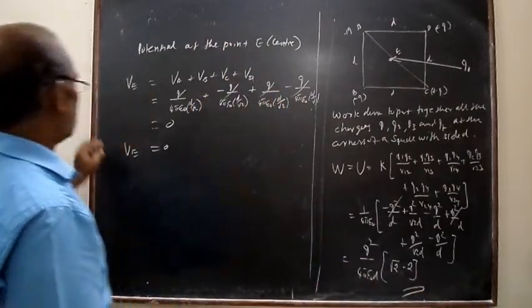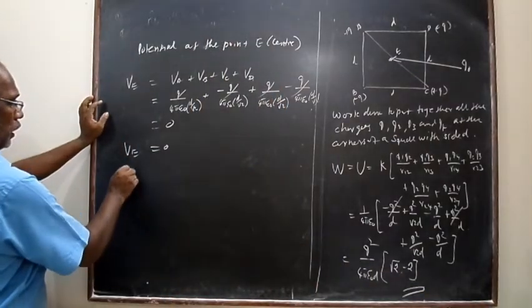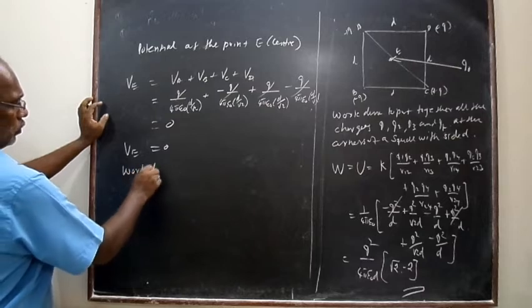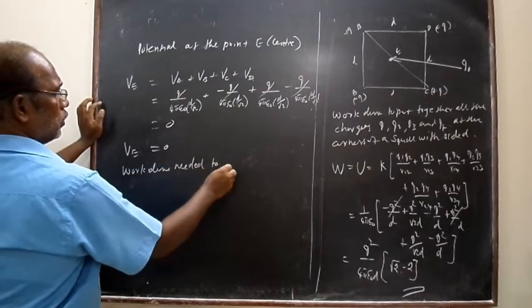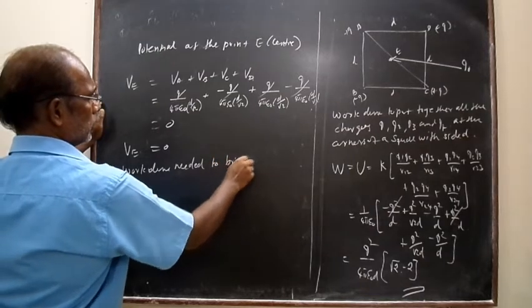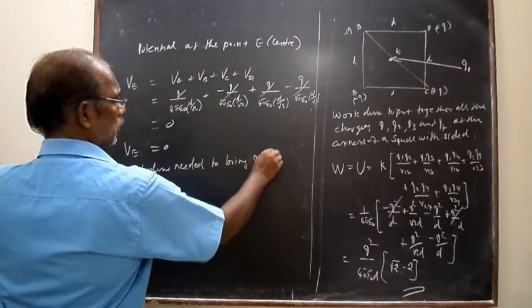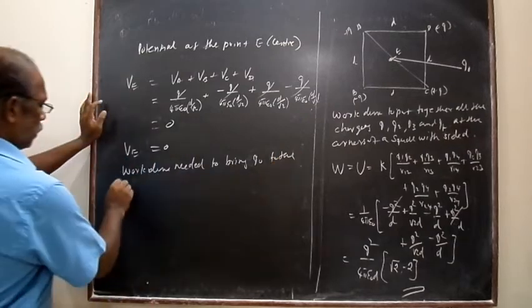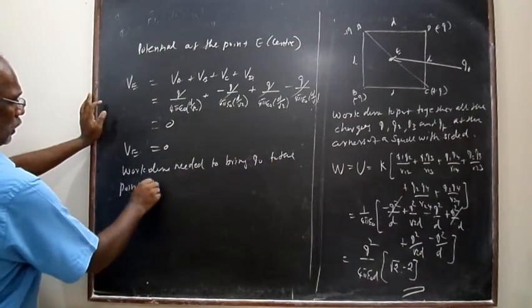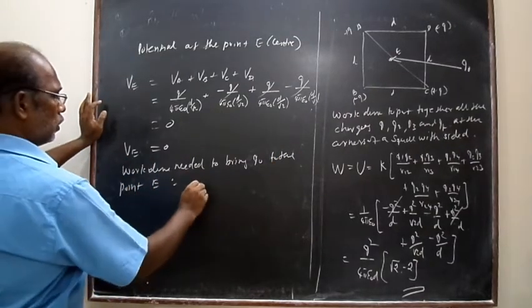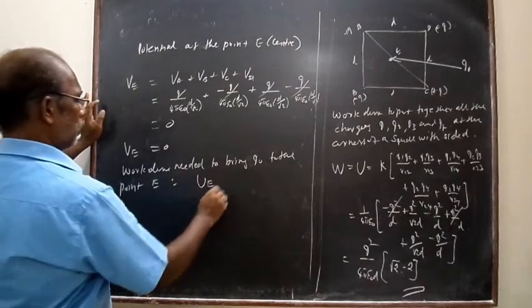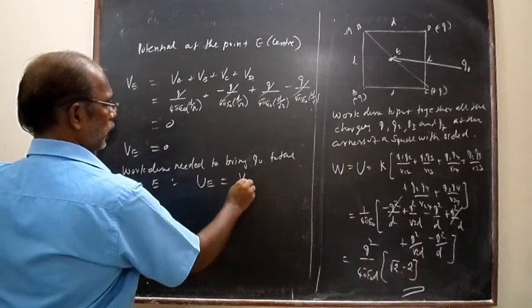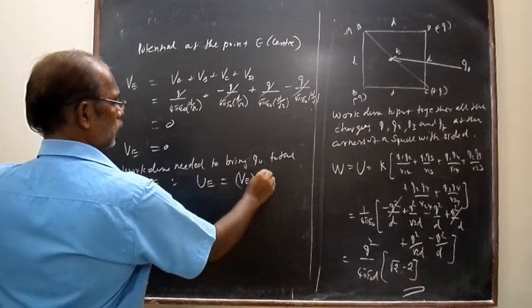Meaning the total work done needed to bring Q naught to the point E will be equal to UE, the potential energy at the point E, equal to VE into the charge Q naught.